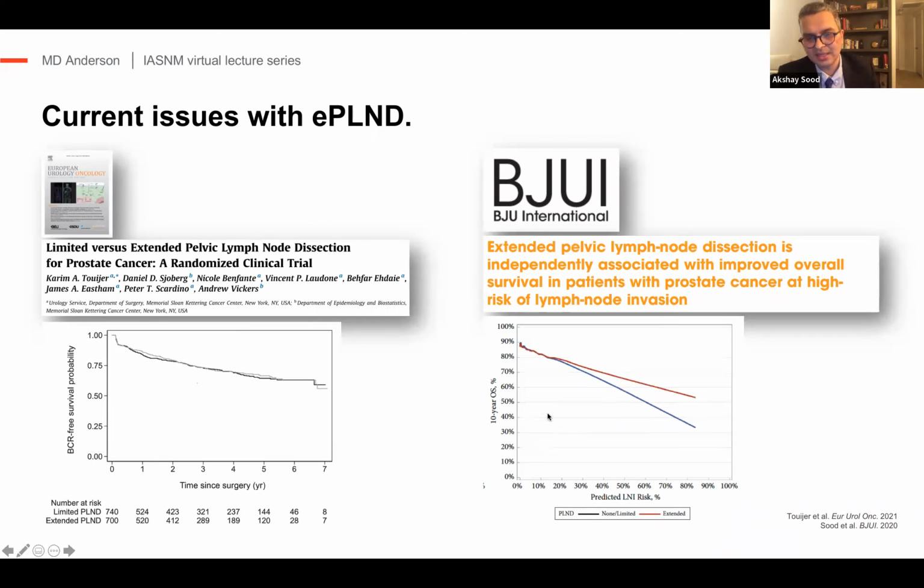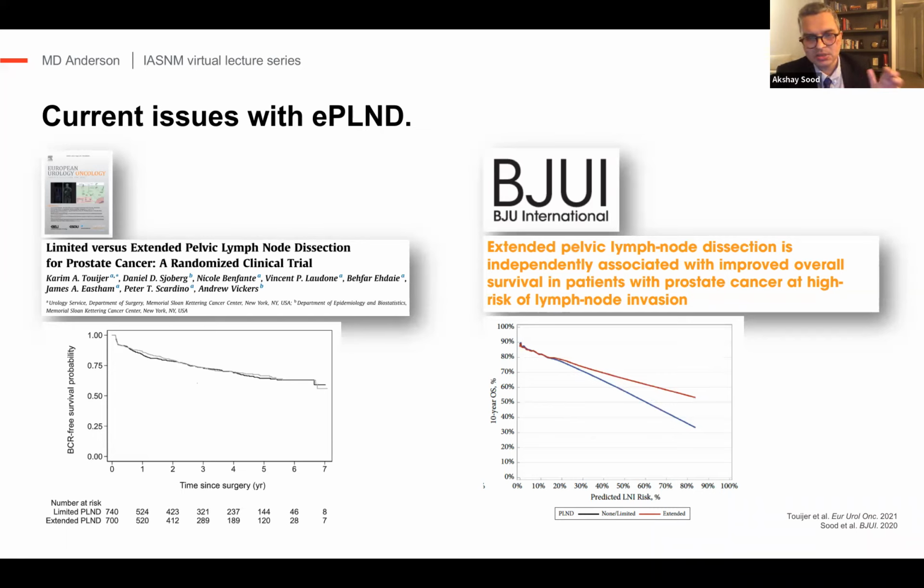We looked at this using retrospective NCDB data. So obviously this is level 3 evidence. But we performed a risk-adjusted analysis to see if there is a cutoff. You are all aware of different nomograms that exist, such as the Godoy nomogram from MSK and the Briganti nomogram, which give us a preoperative risk for lymph node invasion at the time of surgery.